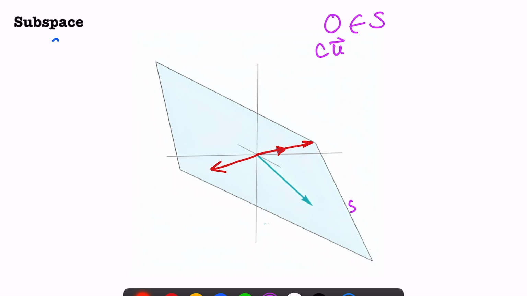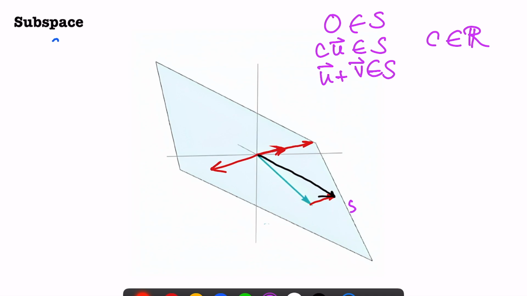So Cu belongs to S, where c is a scalar. Now let's add two vectors, this one and this one. The resultant vector is this one, which is also on this plane. So this is closed under vector addition as well. So this plane going through the origin is a subspace in this 3D region.